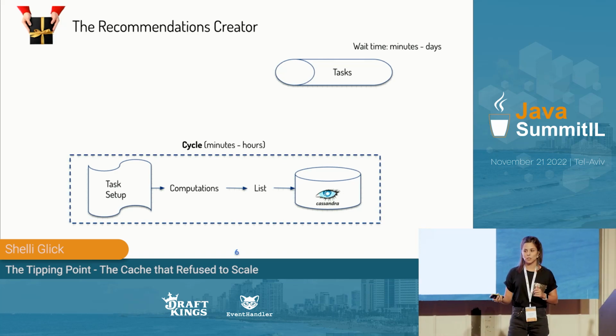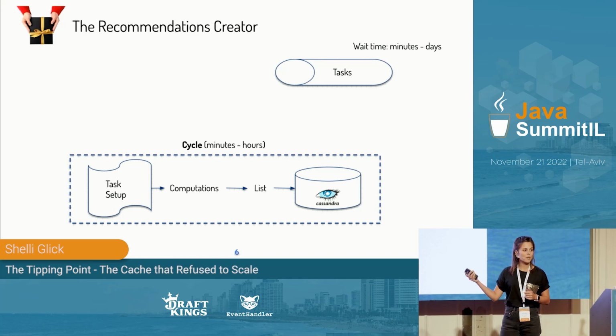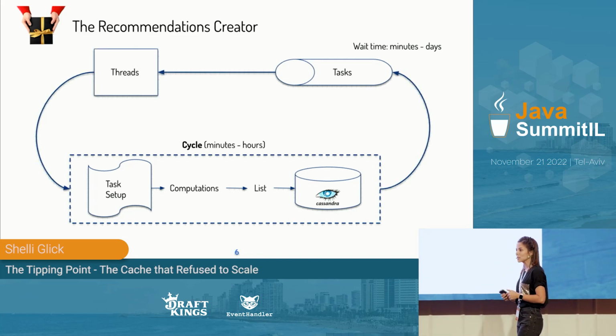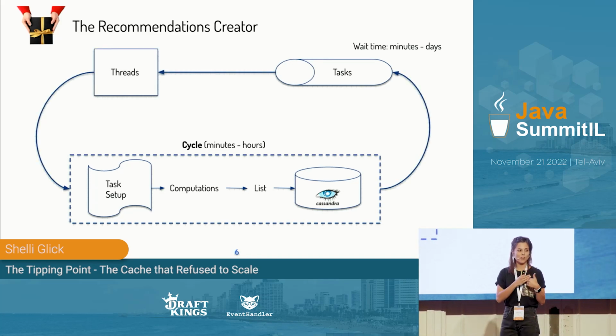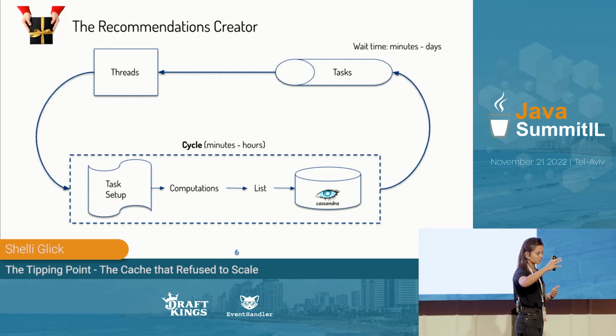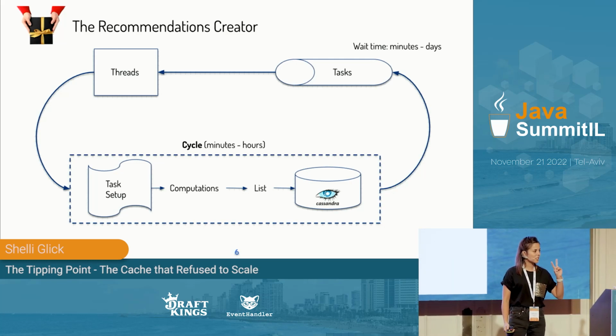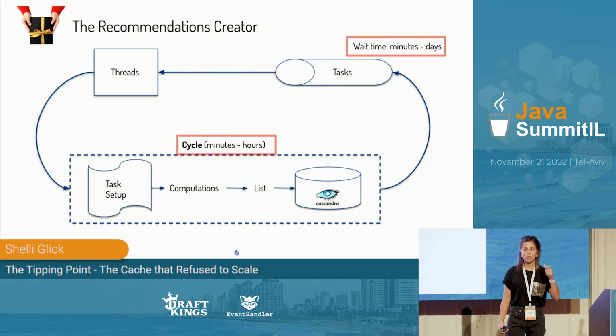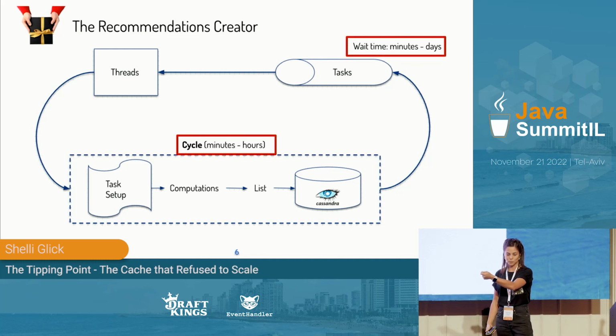They can wait in the queue for minutes, hours, and some even wait there for days. A Creator thread is what takes a task from the queue, runs the cycle according to the task setup, and once the cycle is over, it puts the task back in the queue to be run again later. So we have 2 main factors that impact our data age: how long it takes a cycle to run, and how long tasks have to wait in the queue.